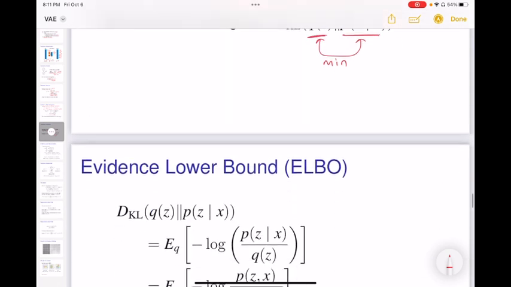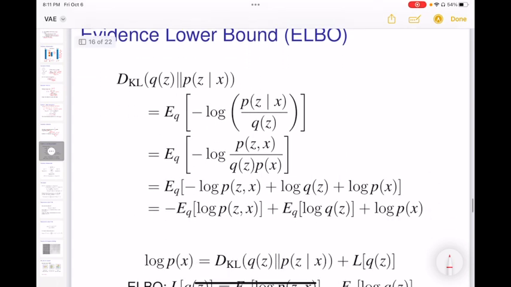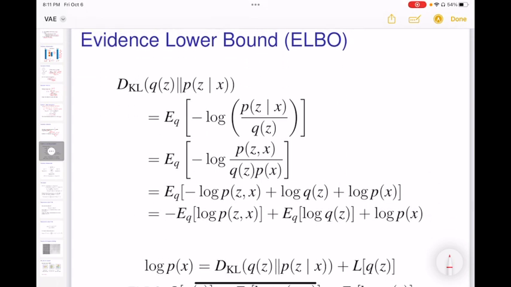So let's expand the KL divergence a little bit to derive an evidence lower bound that we can optimize on. The first step is just to write out the distributions in the Kullback-Leibler formula. We replace all the distributions, and we get this.